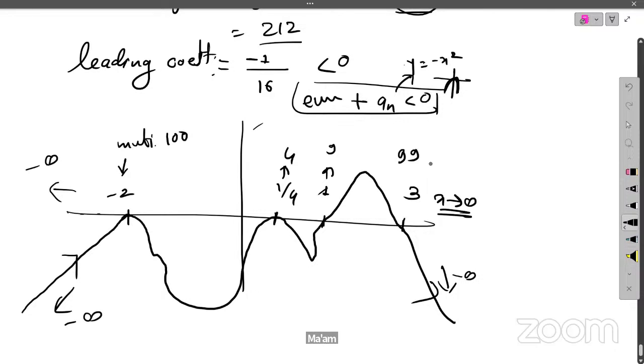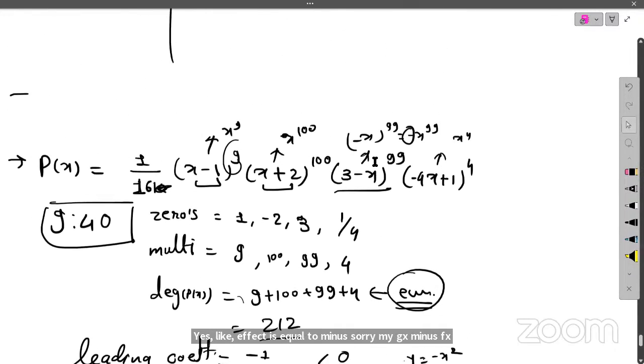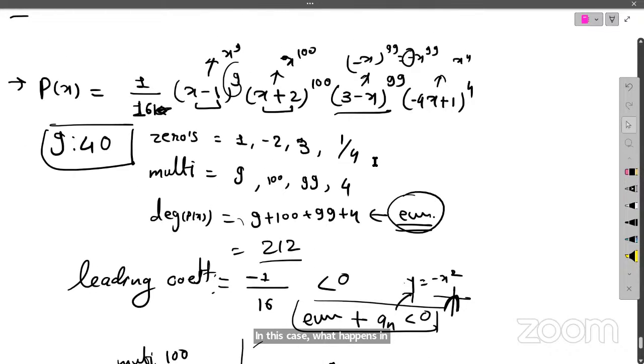Ma'am, in some questions, there is f(x) equal to g(x) minus f(x). In this case, what will happen in the graph? Okay, so I'll tell you that.